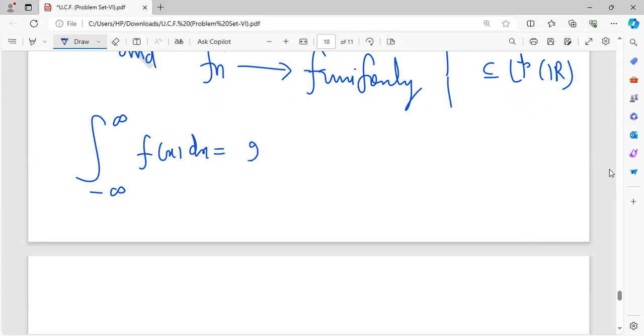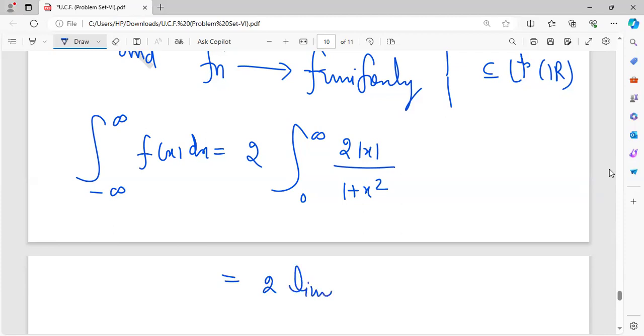Because the function is even, I can take 2 times the integral from 0 to infinity, because I can skip the mod. What is this?